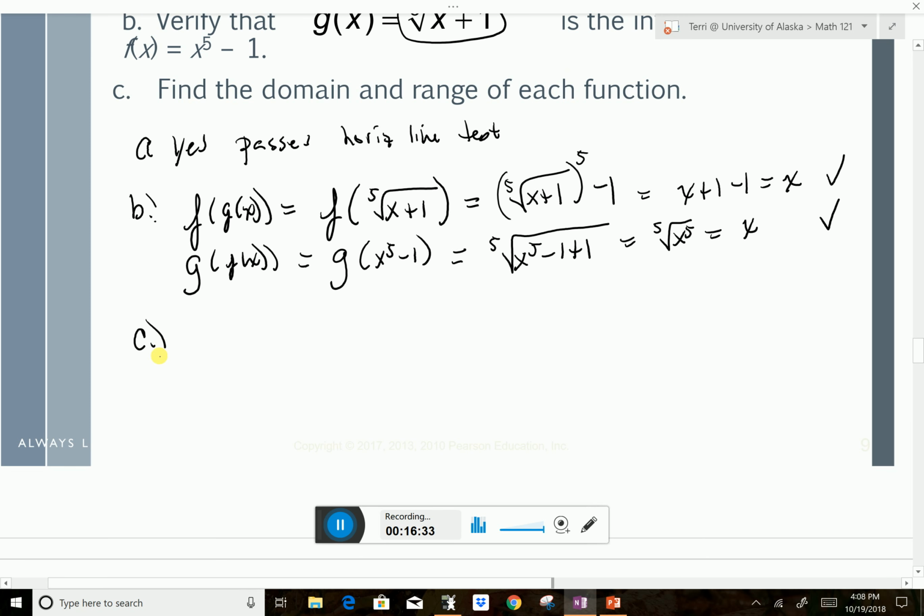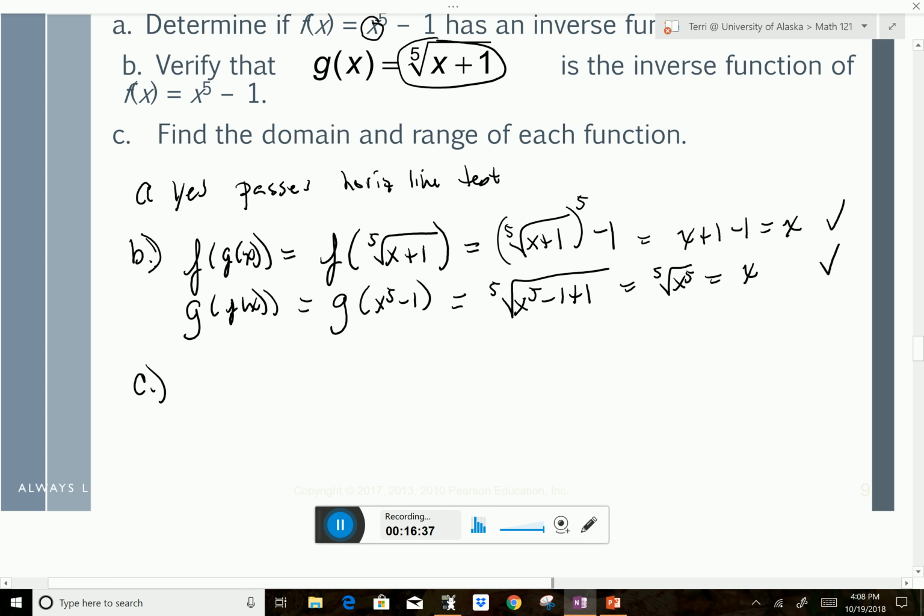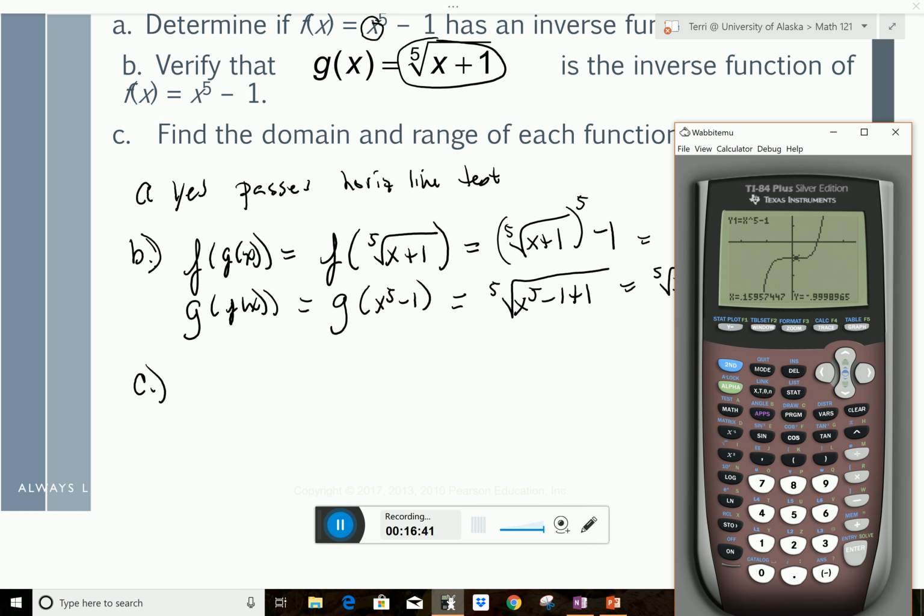Now C, find the domain and range of each function. What is the domain and range of each function? When we looked at our graph, and let's zoom back out, can you see anything that x can't be of either function?